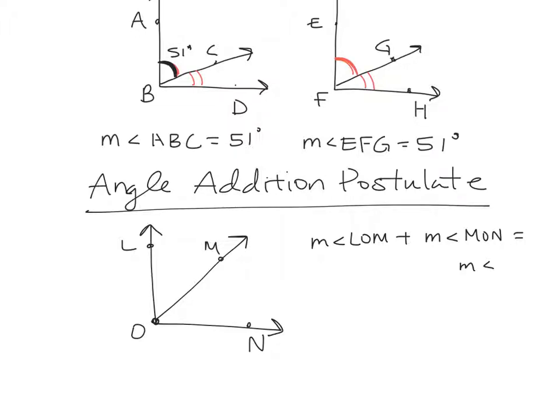LON. Okay, and just so we're clear, when I put this little M in front of it, that's saying the measure of, that's talking degrees. How many degrees plus how many degrees equals some number of degrees.